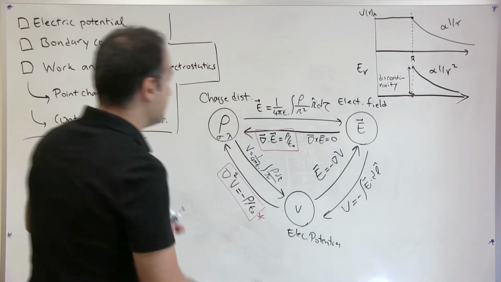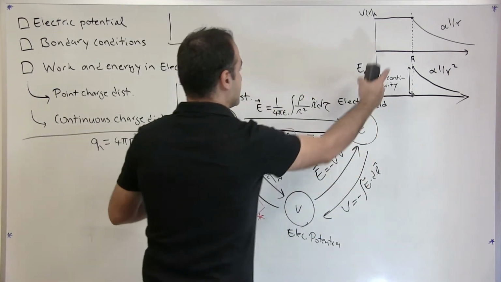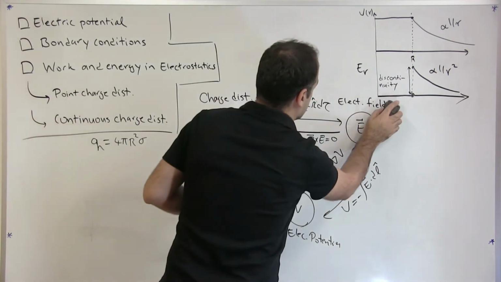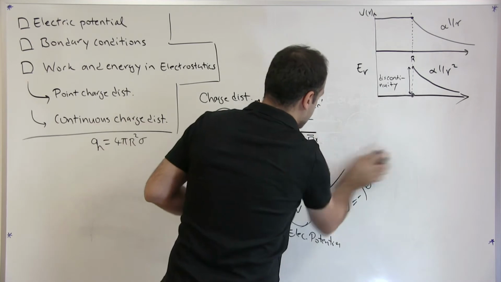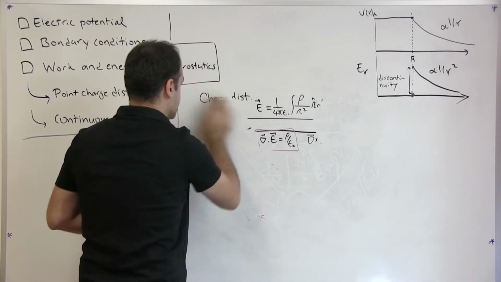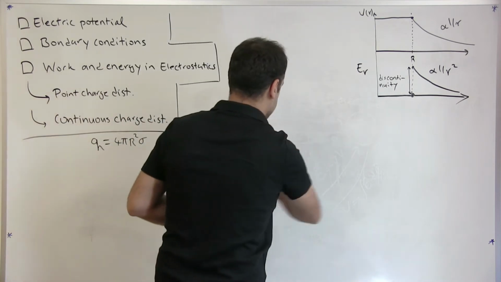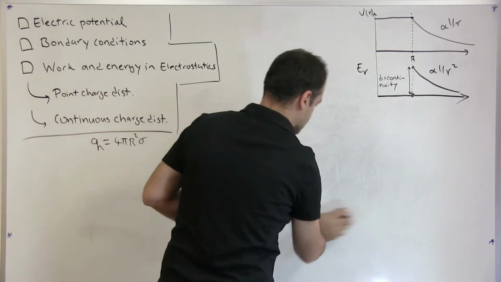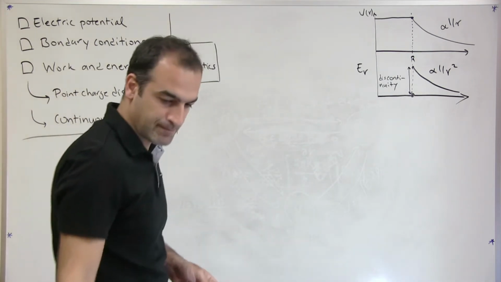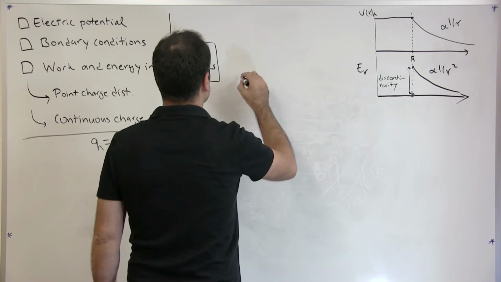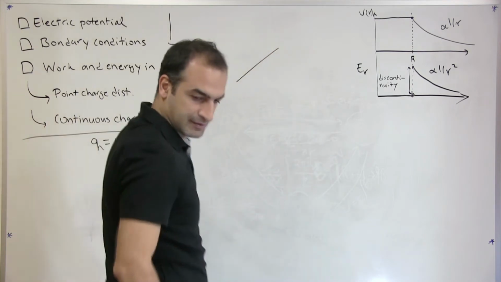So for that, let me erase all of this. I'm going to keep this and I'm going to start with a simple figure, looking at the electric field on two sides of a surface charge density. Okay, so let's imagine we have a surface, doesn't necessarily need to be flat, okay?